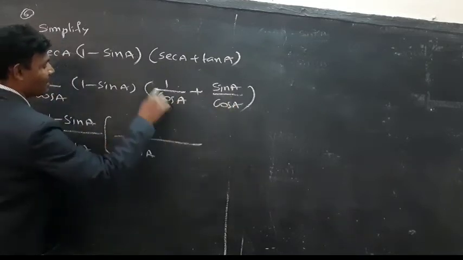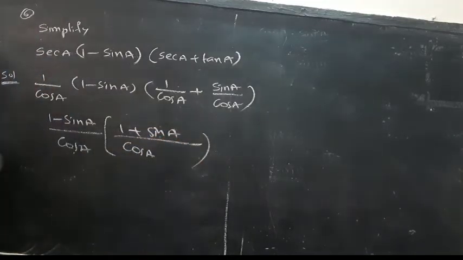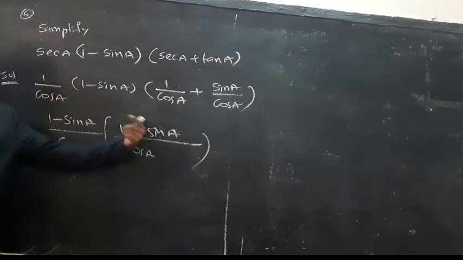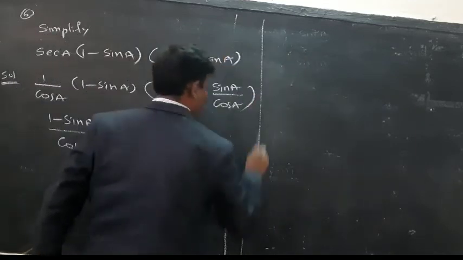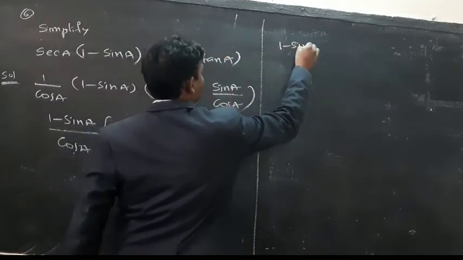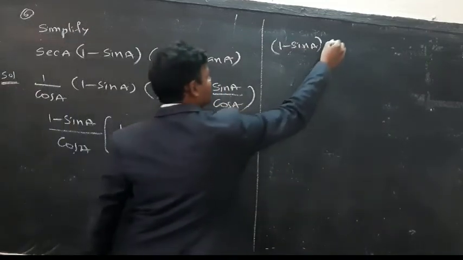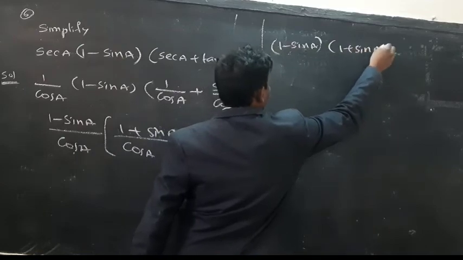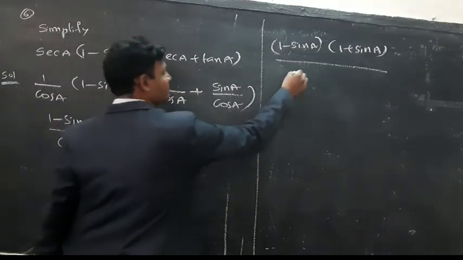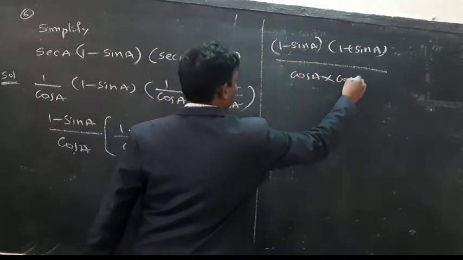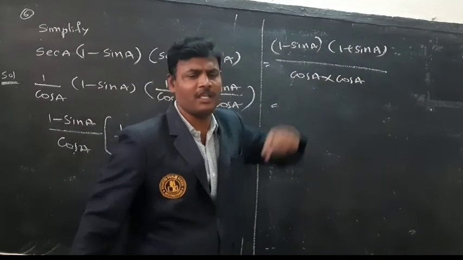Cos A is the LCM. So what is the remaining here? 1 plus sin A. So now we have to multiply numerator and numerator, denominator and denominator. The numerator is 1 minus sin A into 1 plus sin A, by the denominator cos A into cos A. This is in the form of A minus B and A plus B. What is the formula?